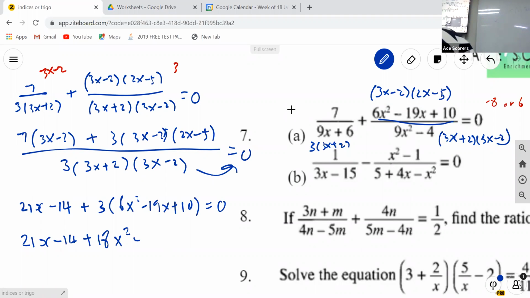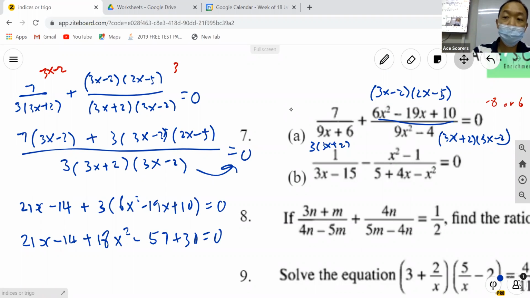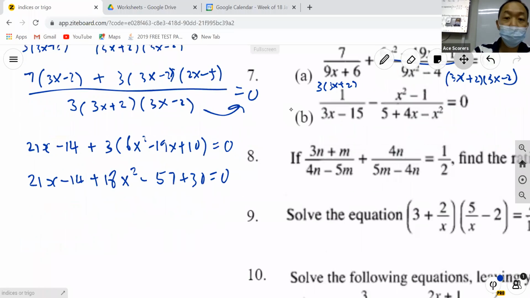Okay. Then rearrange again. Rearrange again.